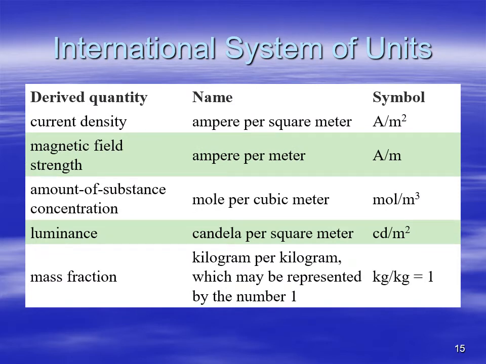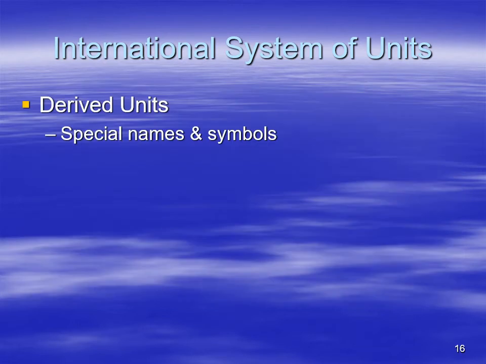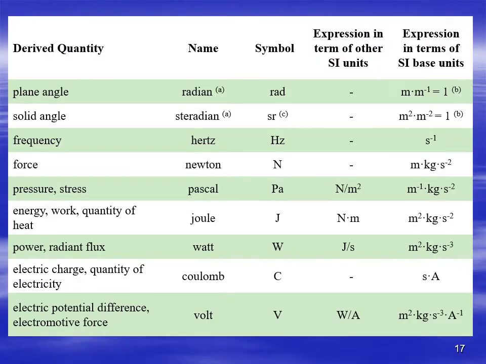Here are other ones that deal with magnetic field, also luminance, and other things. There are some derived quantities that have special names and symbols, such as frequency, which is per second.